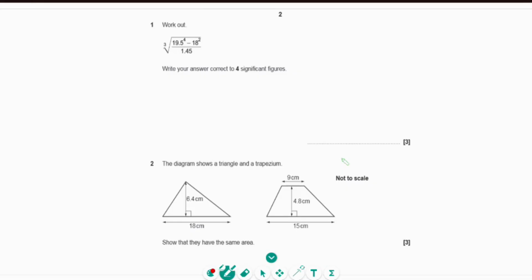Work out the answer to this, and write your answer correct to 4 significant figures. So it was a cube root. In fact, I'd work out 19.5 to the power 4 minus 18 squared. Click equals to find the answer to that before I divide by 1.45.